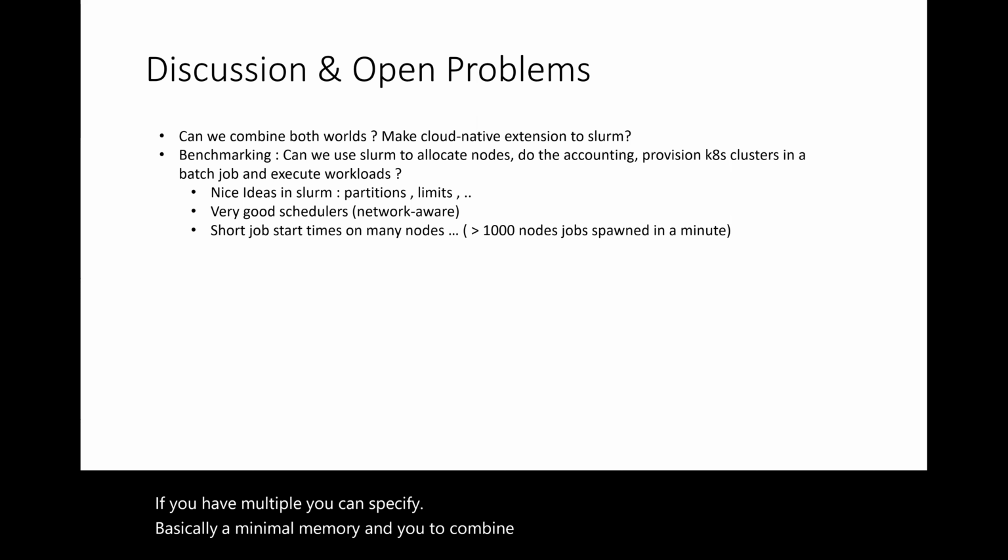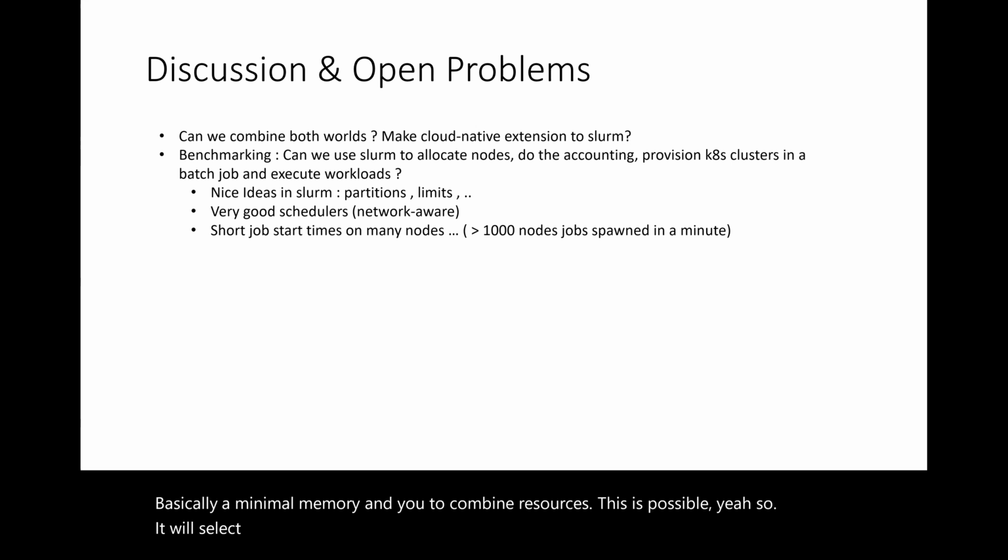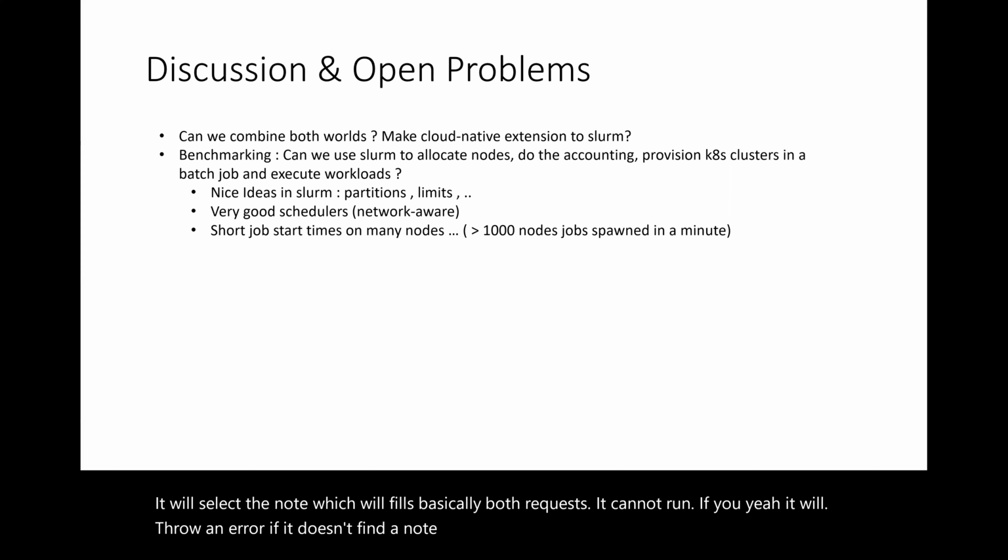This is possible, yeah. Okay, so the intersection nodes are selected in that case, right? It will select the node which fulfills both requests. It will throw an error if it doesn't find a node with sufficient memory or with a GPU. Got it. Thank you.